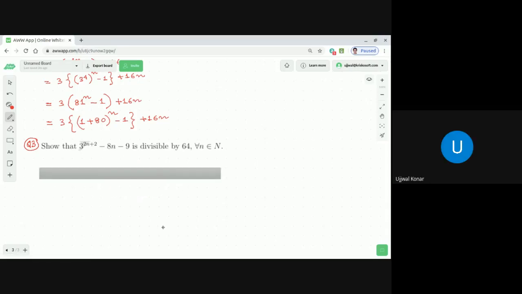Little different type, but think about how you can do it. 133. 11's power is n plus 2. 11 power is n plus 2.